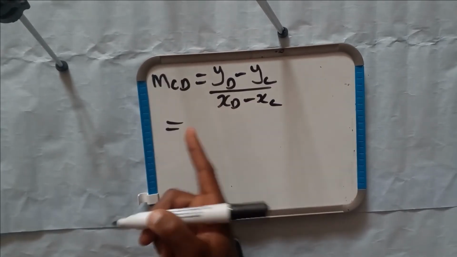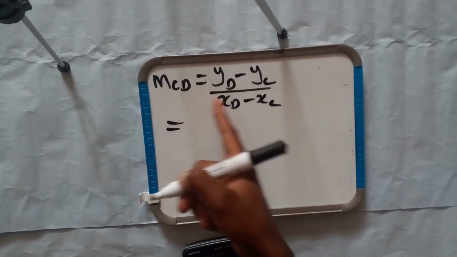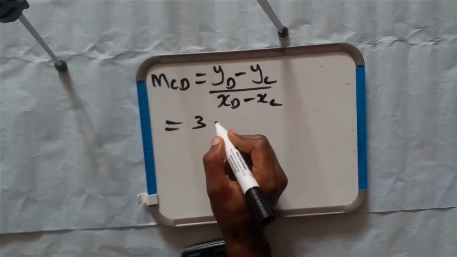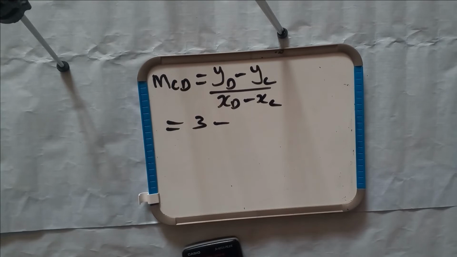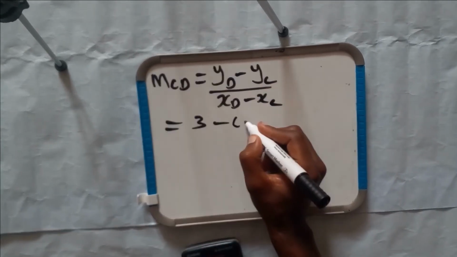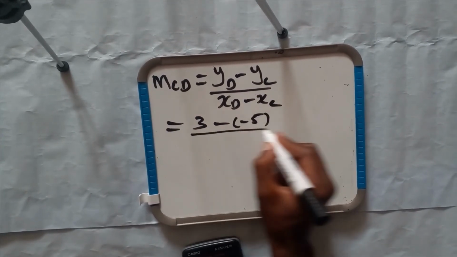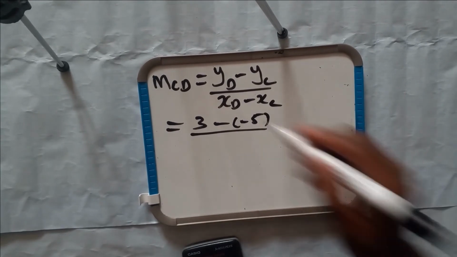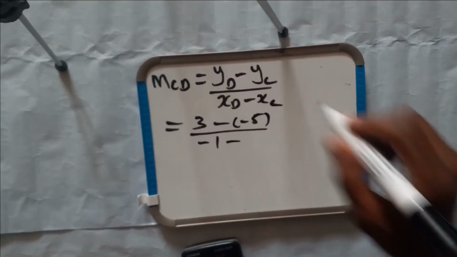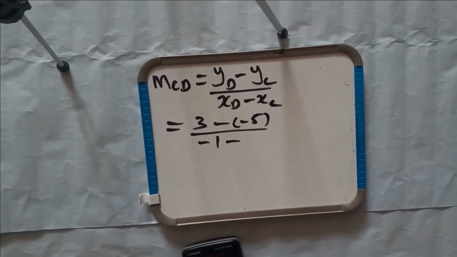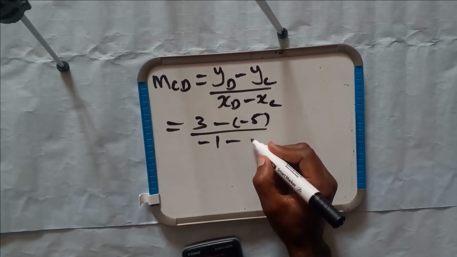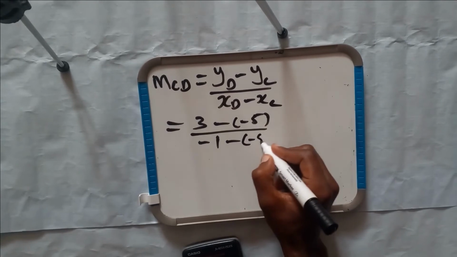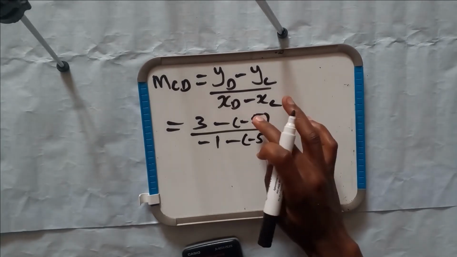Right, now let us substitute. Our YD is 3 minus our YC, which is... I'm sorry, here I made a mistake.